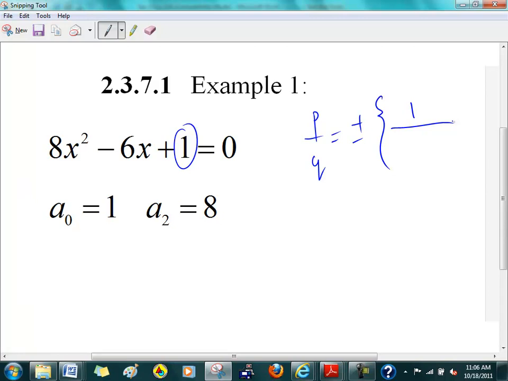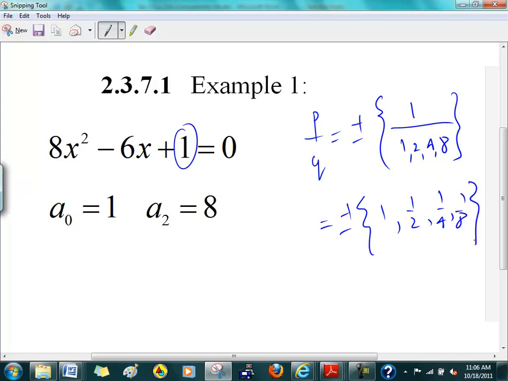Go in sequence, otherwise you're going to miss some out. So it's 1, 2, 4, or 8, which means your zeros will be either 1, a half, a quarter, or 1/8, plus or minus. Does everybody see where these numbers are coming from? Anybody want me to explain that any further?